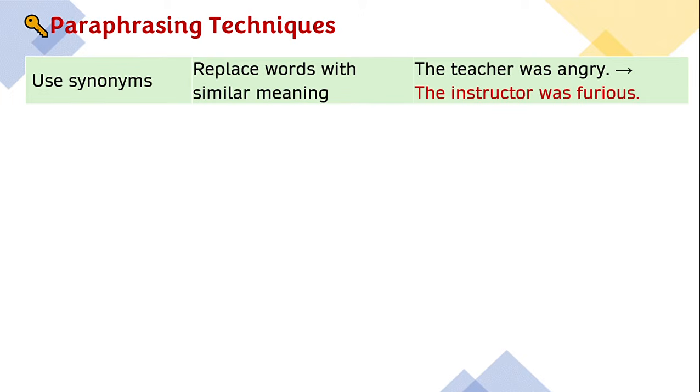For example, if I say the teacher was angry, it can be paraphrased to the instructor was furious. Since teacher is a synonym of instructor and angry is a synonym of furious, the meaning stays the same without any change, and your paraphrase is perfect.